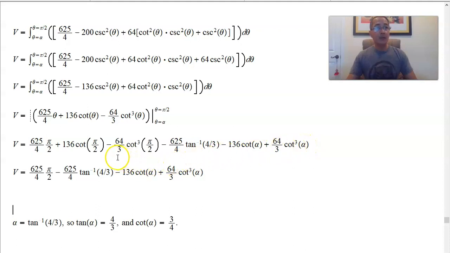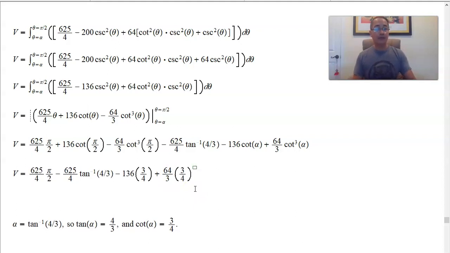Okay, so we need to plug in 3/4 into our expressions here for cotangent alpha. So 136 times 3/4, and then 64 over 3 times 3/4 raised to the power 3.